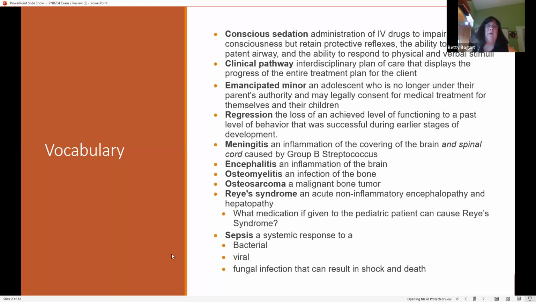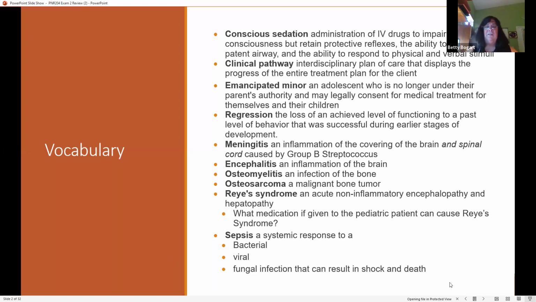An emancipated minor is somebody younger than 18 who has gotten the legal rights for themselves, which means they have a legal right to sign for their care. Remember, at 18, you're able to sign, but emancipated minors could be 14, 15. So they can sign for themselves and their own children without mom and dad because they are on their own.